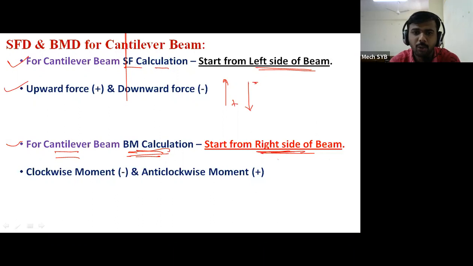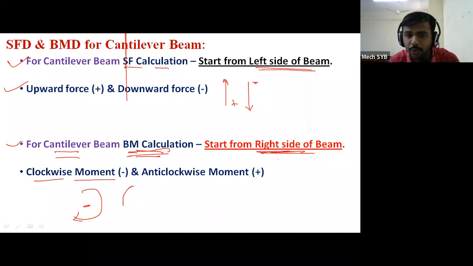In simply supported and the overhanging beam, SF calculation we have started from the left side, and BM calculation also we have started from the left side. But in cantilever beam, only BM calculation we have to start from the right side, and as we have changed that position, clockwise movement and clockwise couple we have to take as negative, and anti-clockwise movement and anti-clockwise couple we have to take as positive.